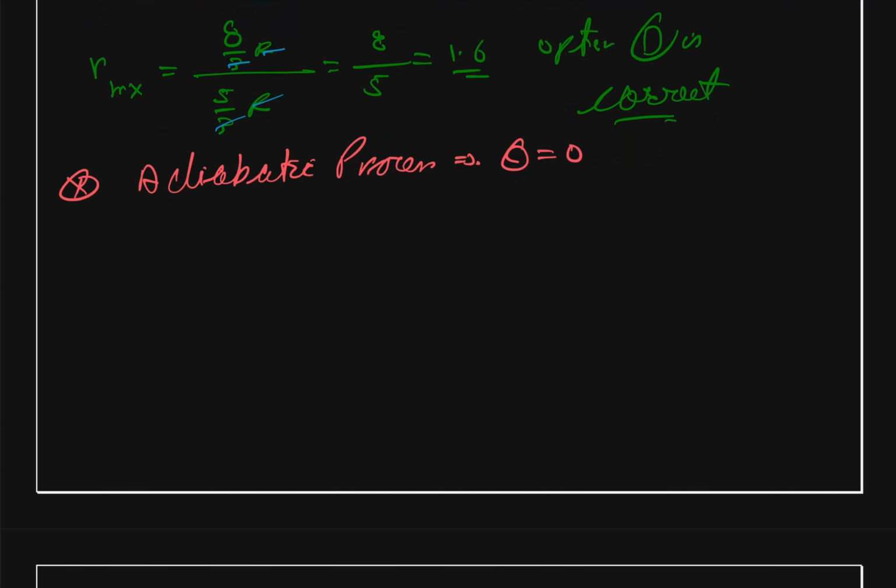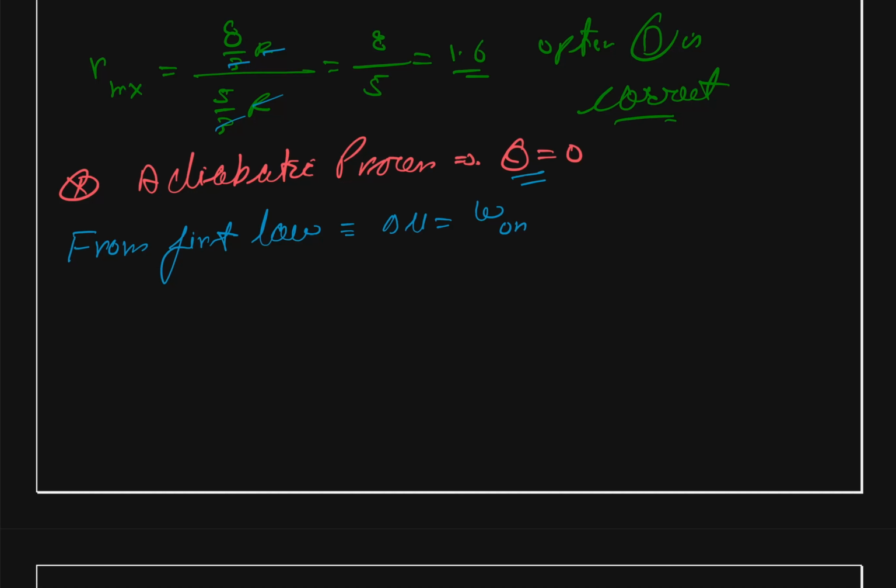Therefore, from the first law, delta U will be equal to the work done on the gas, because Q is equal to 0.